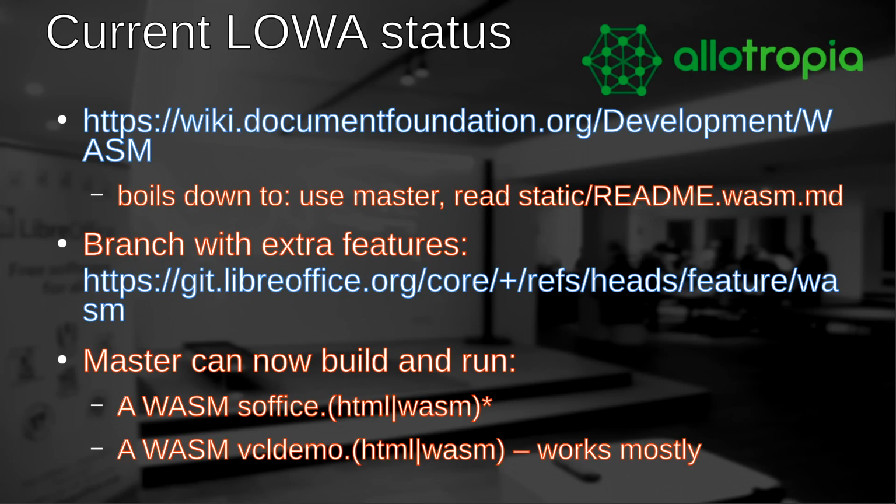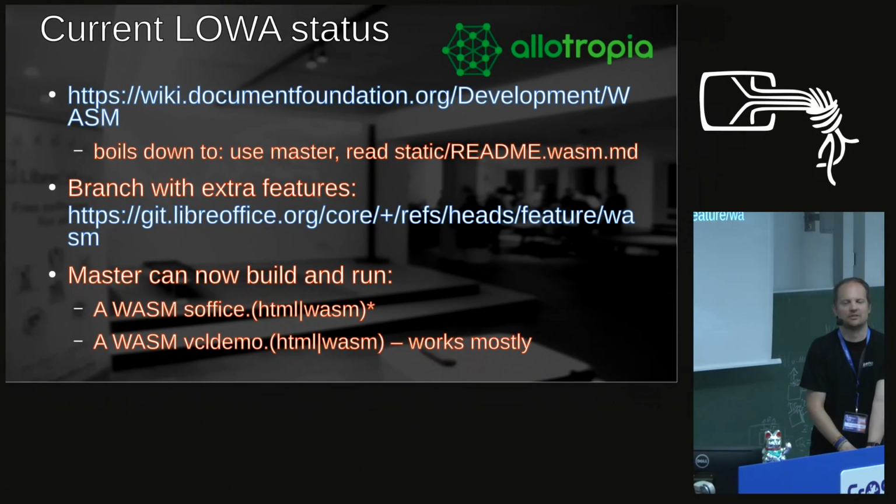After you did that, which is not much more difficult than setting it up for any other LibreOffice platform, which is also a little bit involved in terms of what you need to install, if you built that on master, then you get something that you can actually run, and you get a Writer in your local browser.